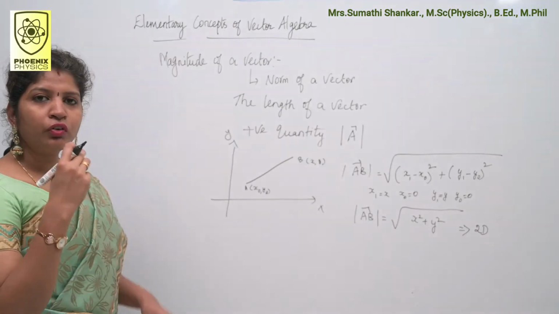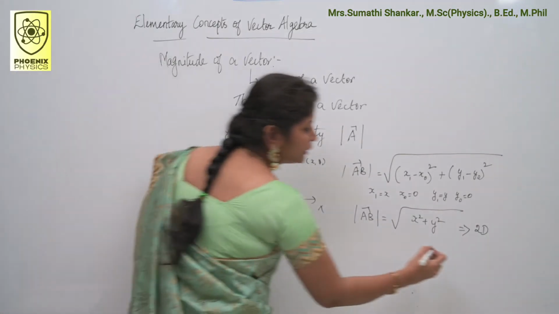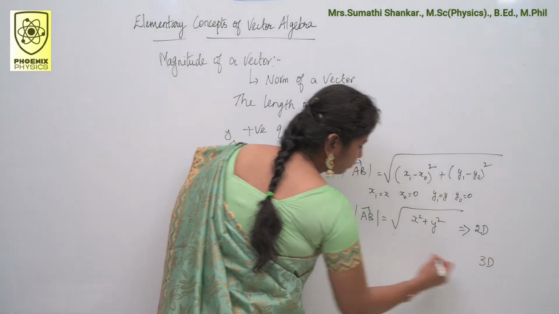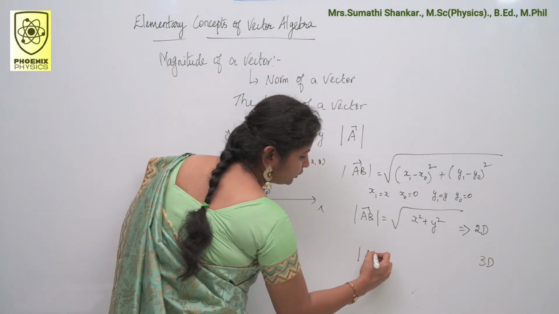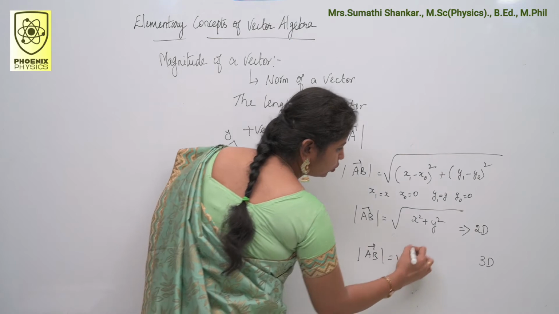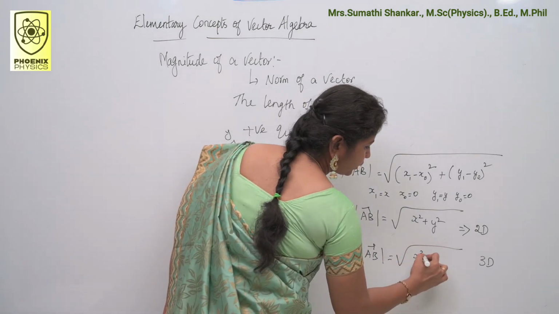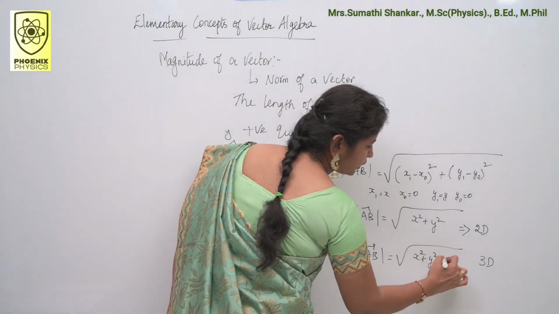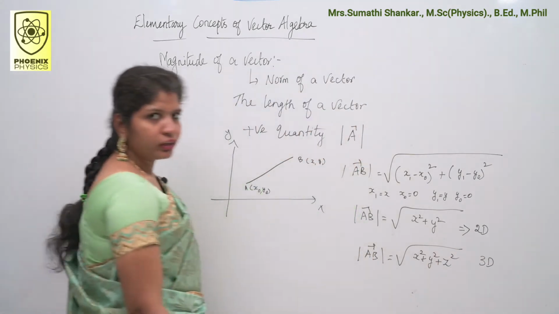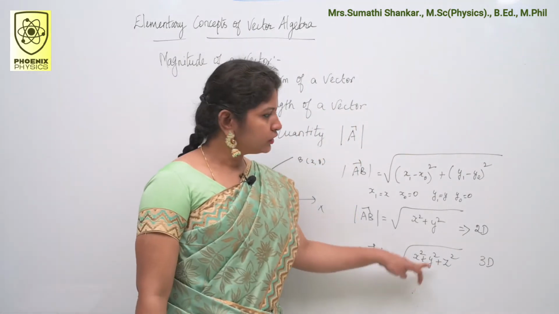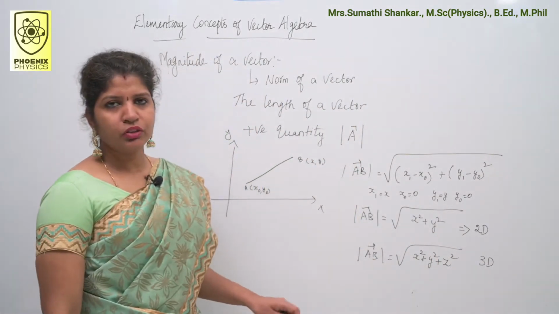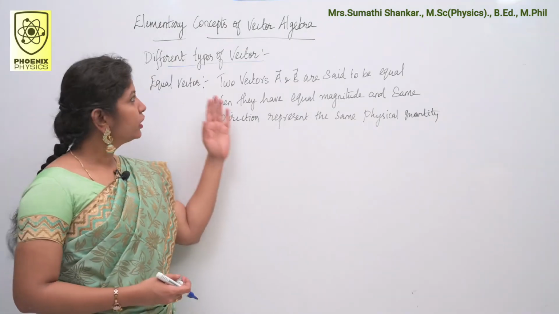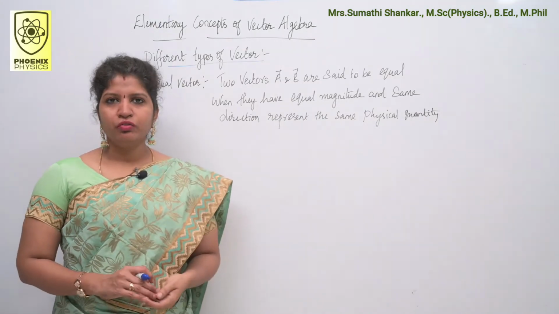Suppose you want to find the magnitude in a 3D plane. In 3D, you can write the magnitude as root of x square plus y square plus z square. This is for 3D, this is for 2D. Up to this clear?